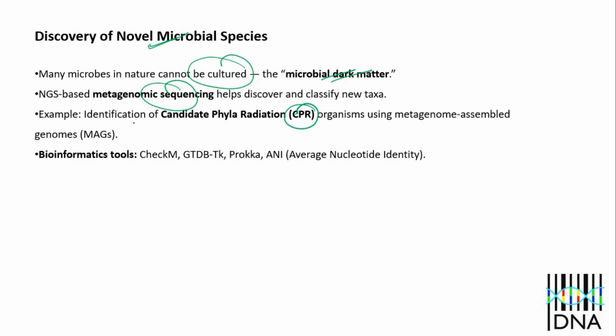We identify the CPR organisms using metagenome-assembled genomes. For this, we use software like CheckM, GTDB-Tk, Prokka, and ANI to find the average nucleotide identity.